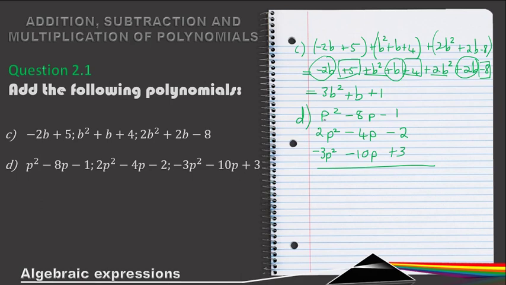Okay, so p squared plus 2p squared is 3p squared, minus 3p squared, so that's 0. Minus 8 minus 4 is minus 12. Minus another 10 is minus 22p. And then minus 1 minus 2 is minus 3. And then plus 3 is 0. So this is my answer, minus 22p.